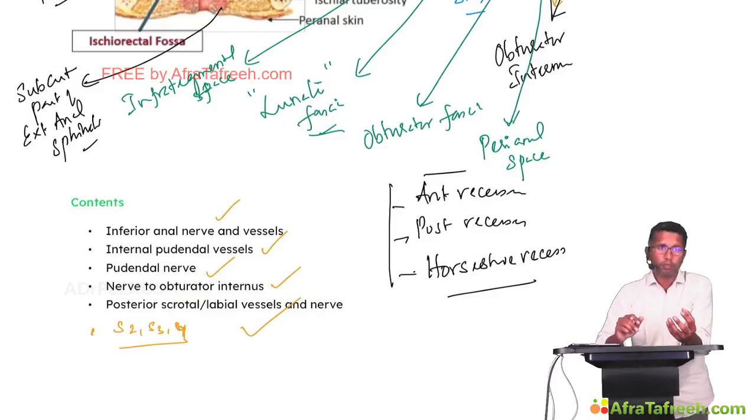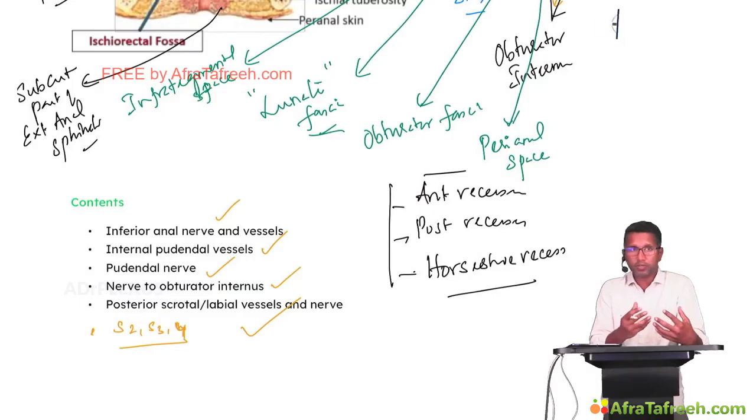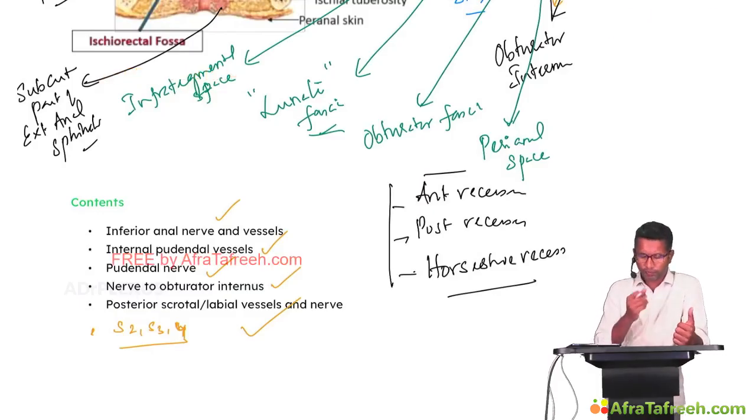Now, the main pathology that occurs in the ischioanal fossa is that many times infection can happen here, and it can form an abscess, which we call an ischioanal abscess or ischiorectal abscess, okay.